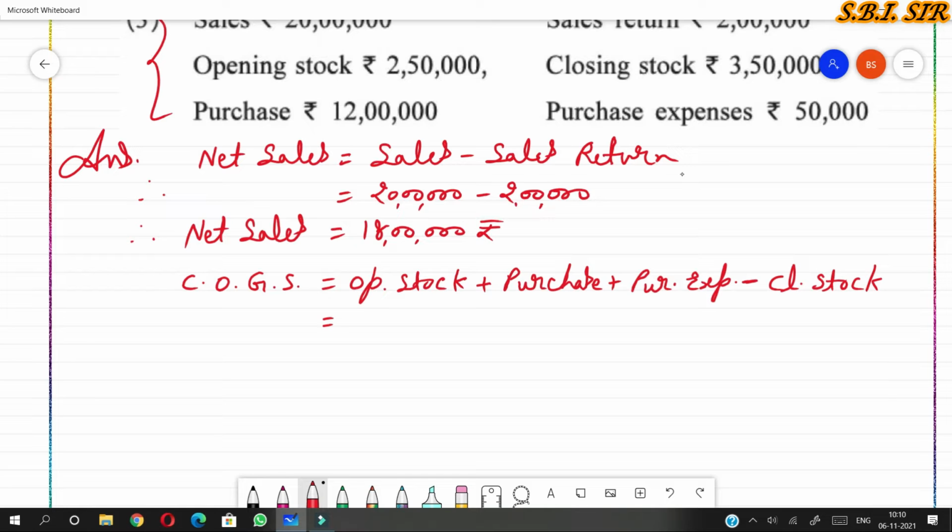Opening stock is 2,50,000 plus purchase is 12 lakh, purchase expenses 50,000, minus closing stock is 3,50,000. So 2,50,000 plus 12 lakh plus 50,000 minus 3,50,000 equals 11,50,000.